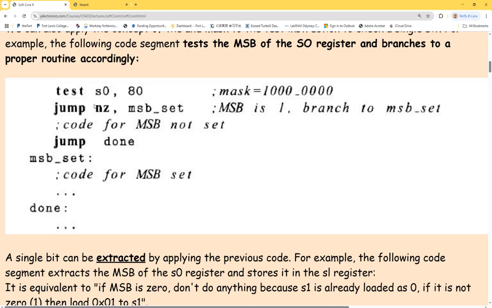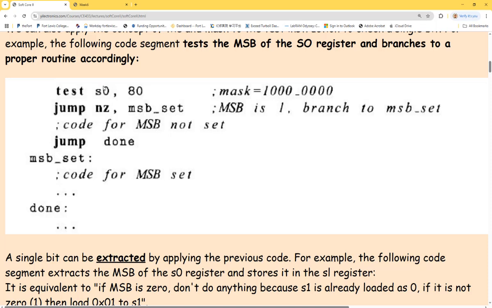If it's non-zero, which means the MSB of S0 is not 0, it comes here to do something. After it jumps, it skips this and jumps here, and what's next? In the instruction memory, what's going to happen for this code?